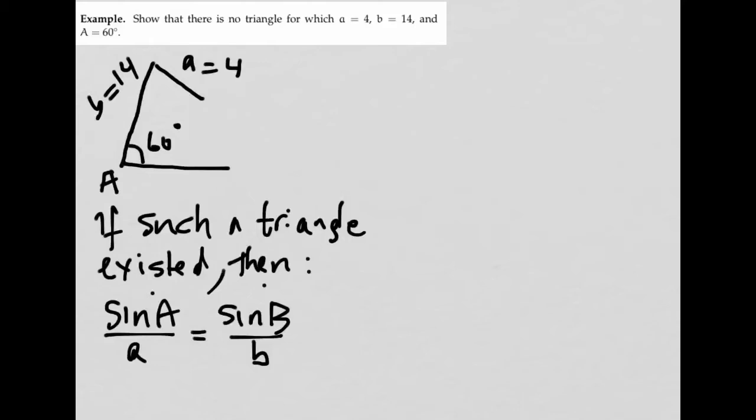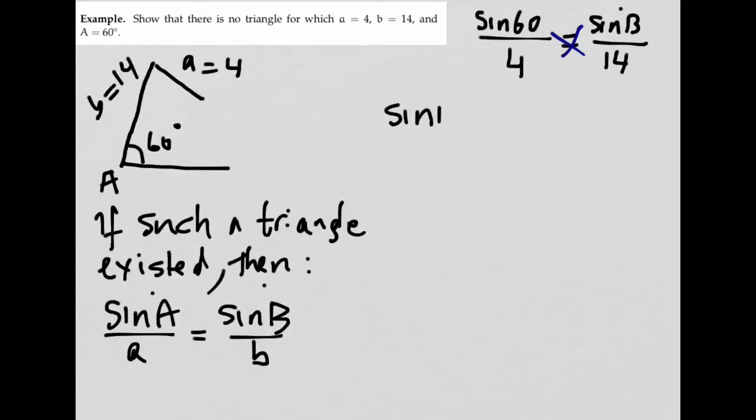Let's see what those are. A is 60 degrees, so we would have sine of 60 degrees divided by a, which is 4, equals sine B, we don't know what B is, divided by b, which is 14. If we cross multiply and solve for sine B, we get that sine B is equal to 14 sine 60 degrees divided by 4.